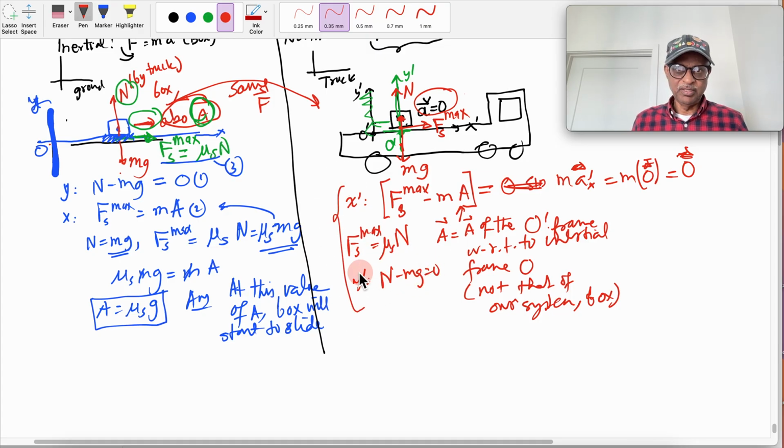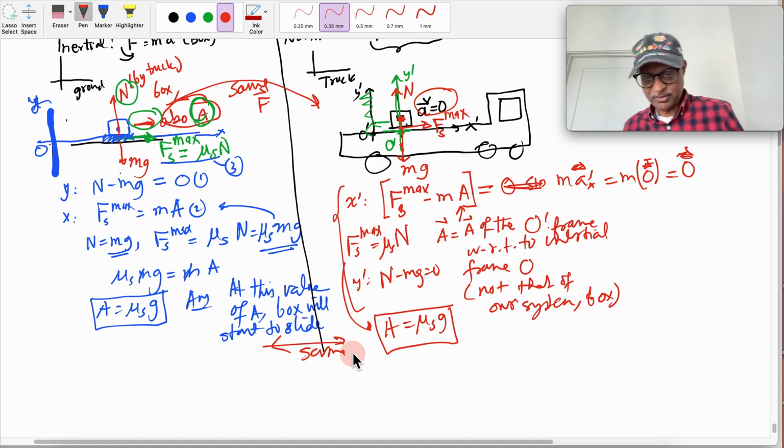So these again give you A equal to mu s g. Same answer.